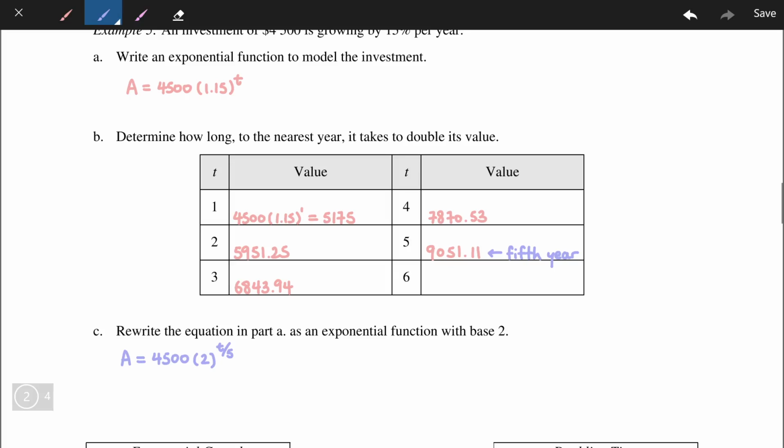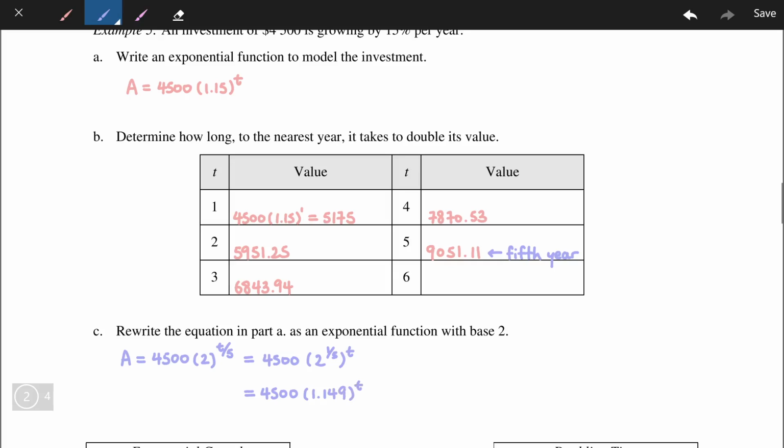Now, knowing our exponent laws, we can rearrange this slightly. So we have $4,500, and then 2 to the 1 over 5 power to the t power. And if we were to evaluate on a calculator what 2 to the 1 over 5 is, then we have $4,500, and this works out to be approximately 1.149.